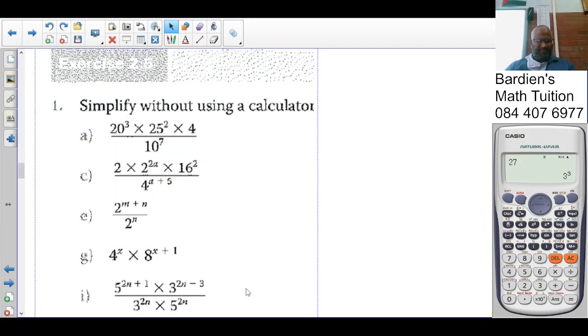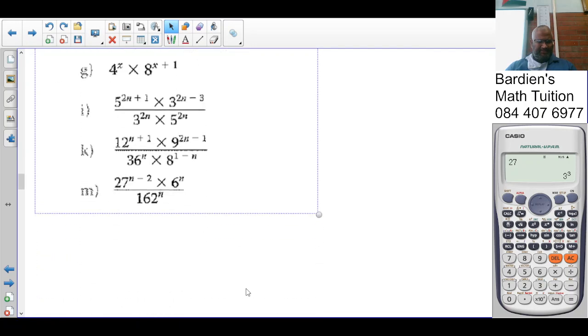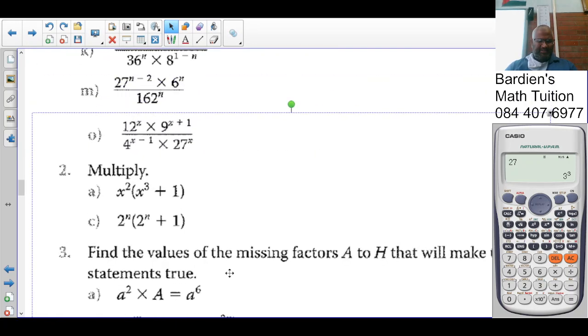At this point you can just pause and take down the sums you need. Otherwise it's going to be better to get a textbook at this point, okay?